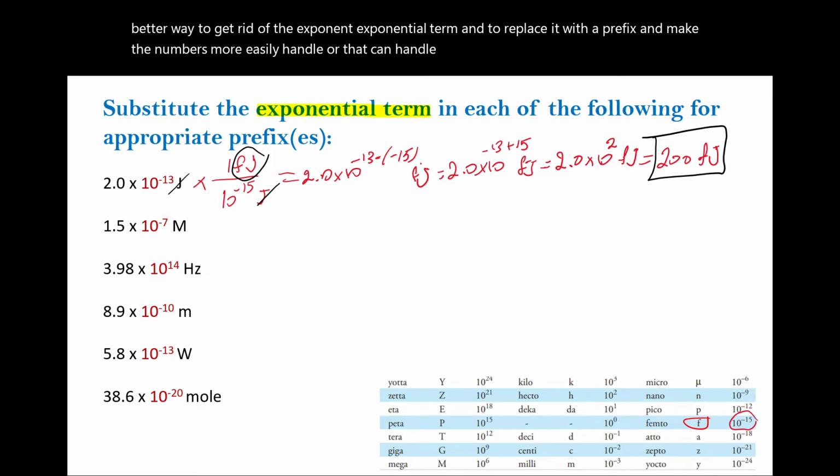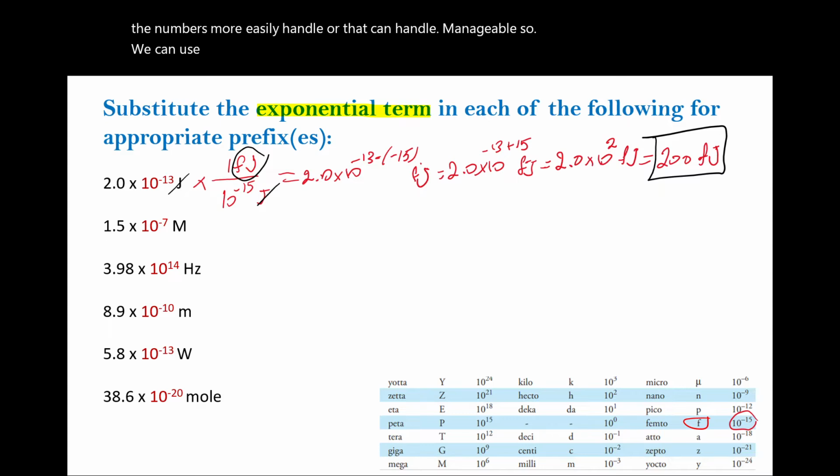So we can use that 1 femto is 10 to negative 15th joules.